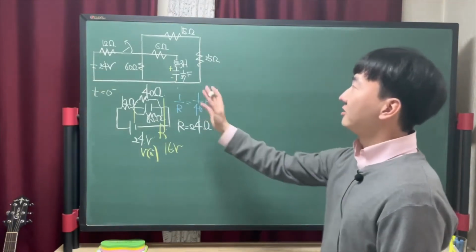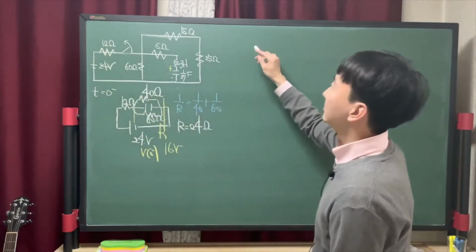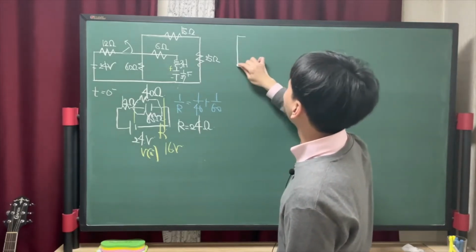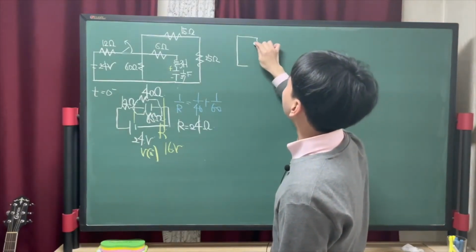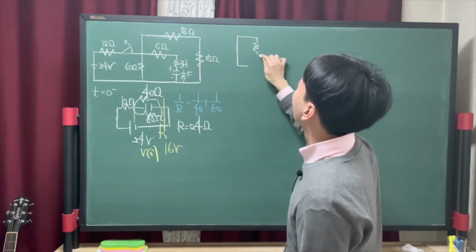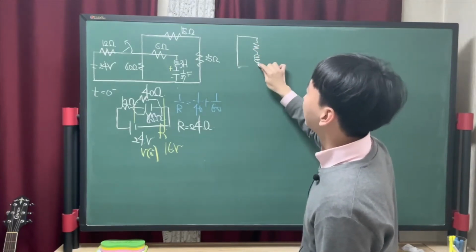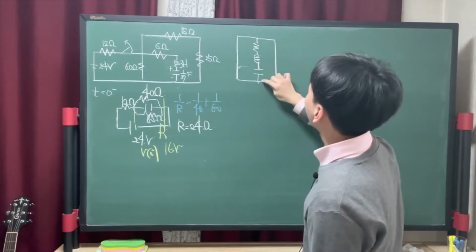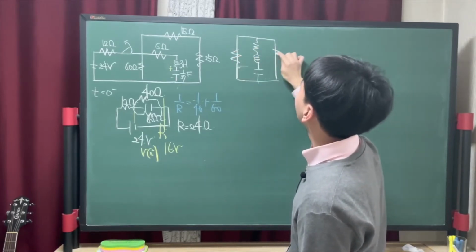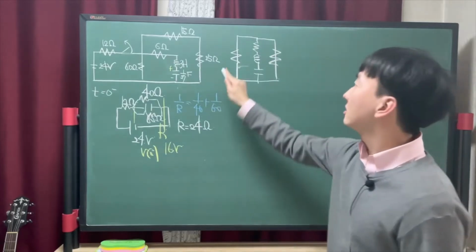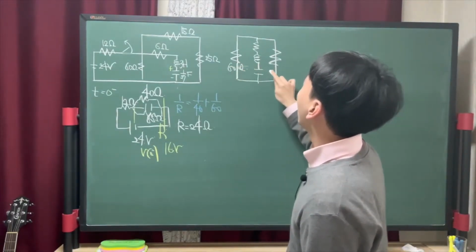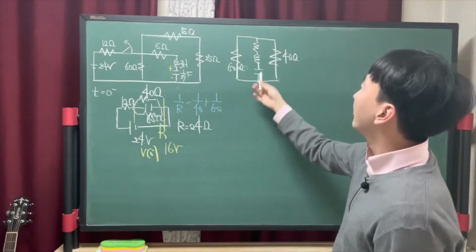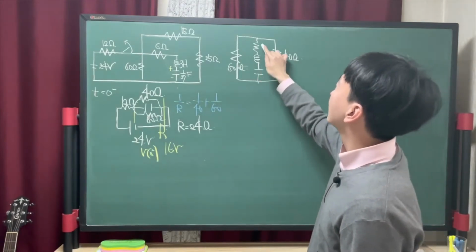See, and now the switch is off, so the situation is: there is a 6 ohm resistor, a coil, and a capacitor. Now this is 60 ohm and this is 40 ohm in series, and this is 6 ohm.